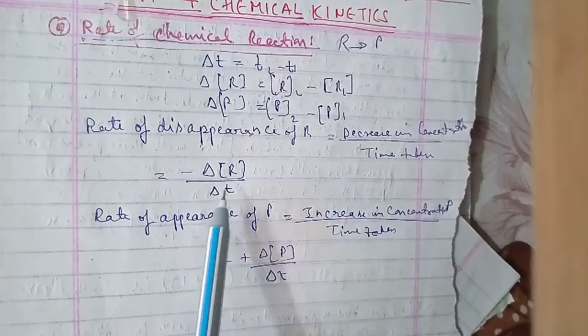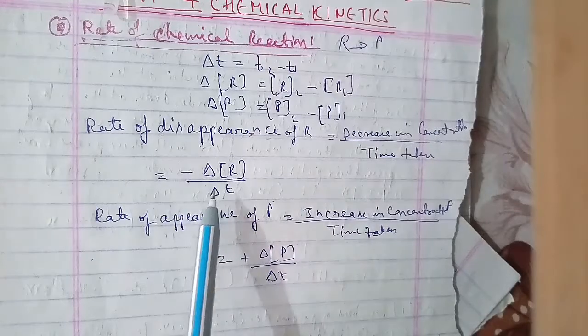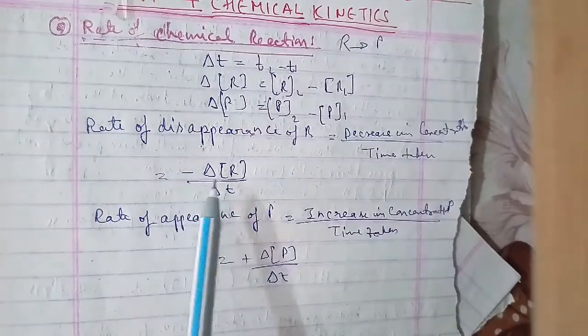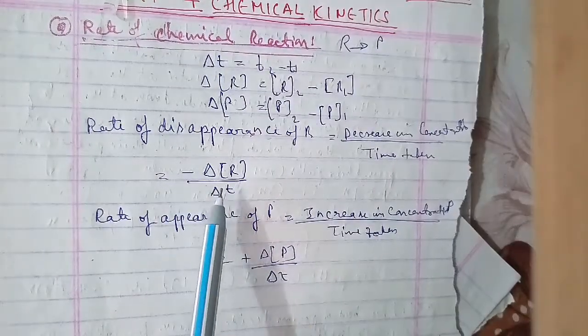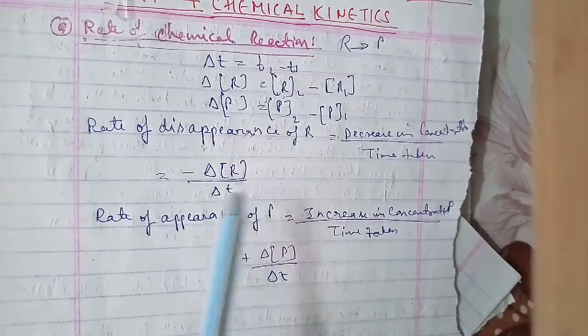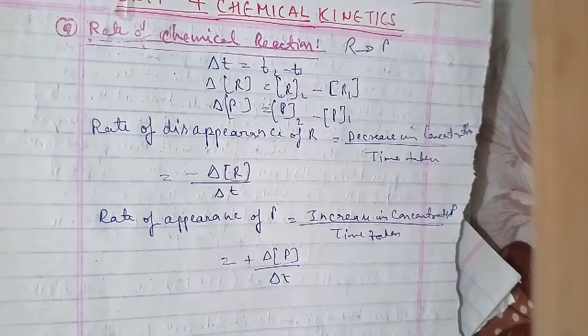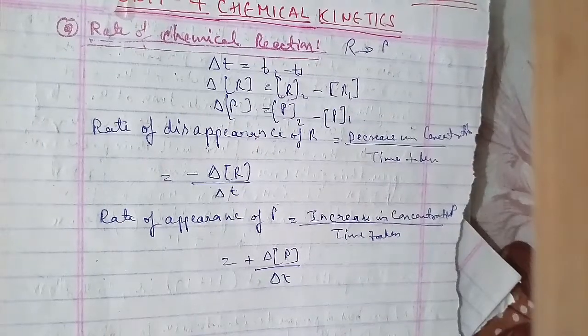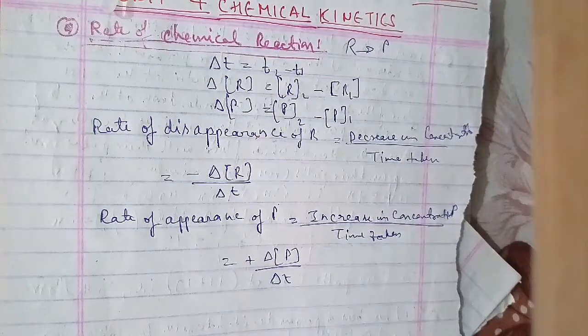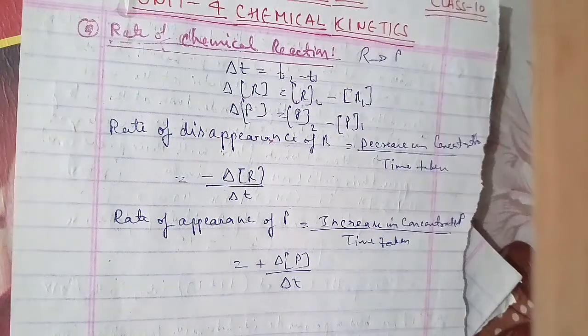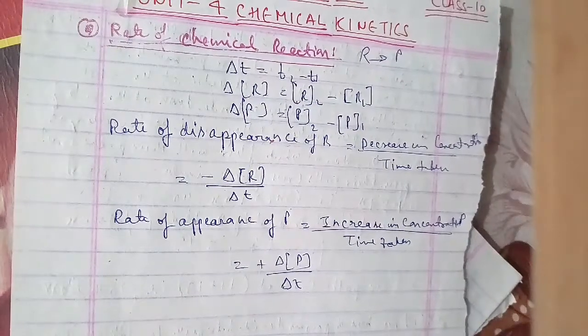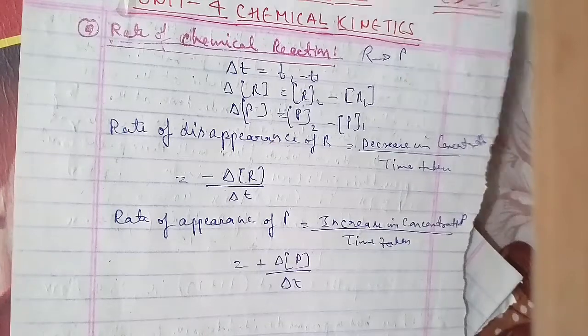Going further, the average rate depends upon the change in concentration of the reactants or the products, and the time taken for that change to occur. In the same way, we'll talk about the instantaneous and average rate of the reaction taking place with reference to time.